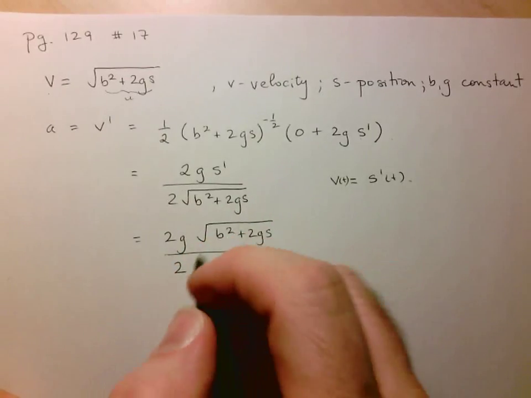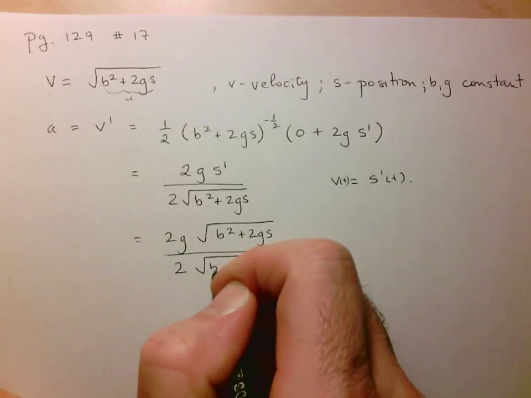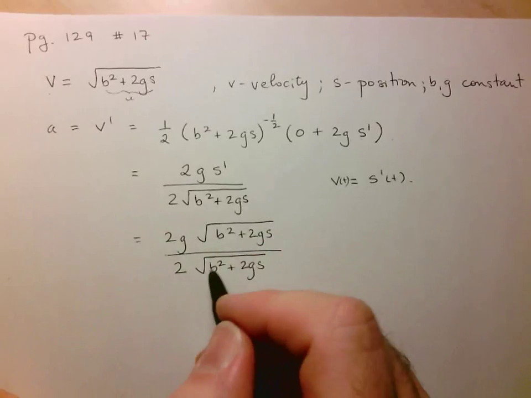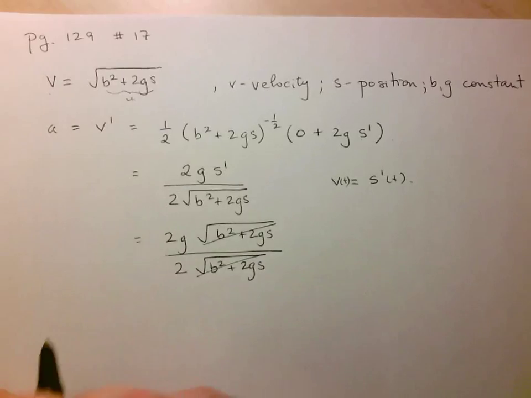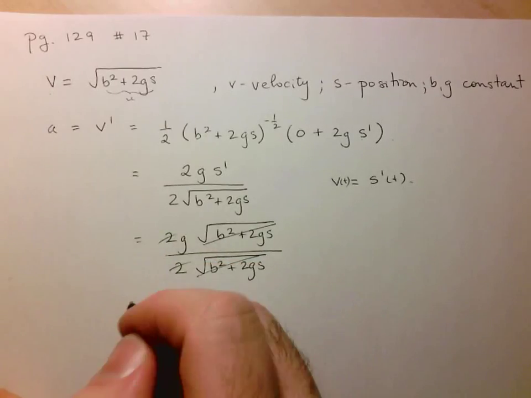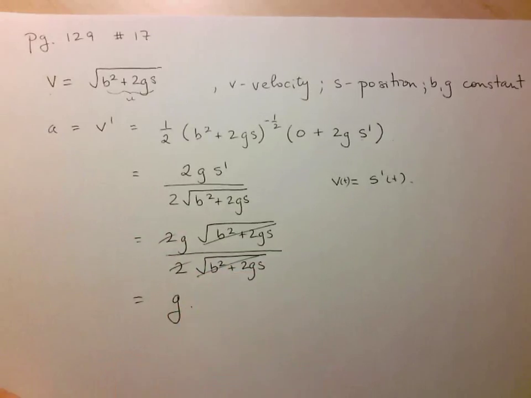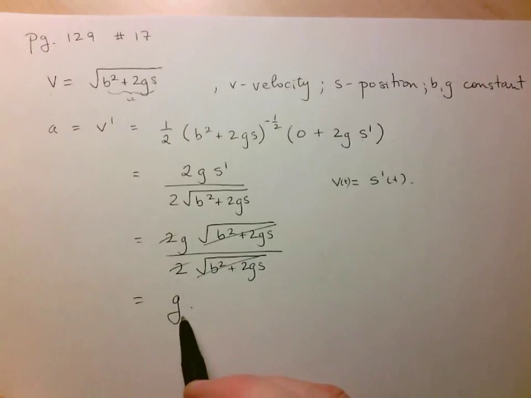And look what we also have in the denominator: a factor of the square root of b squared plus 2gs, and these two reduce. In fact, so do the 2's, and I'm left with the acceleration just being equal to this constant g. Now likely this constant g represents the acceleration due to gravity, although they don't specify that in this question.